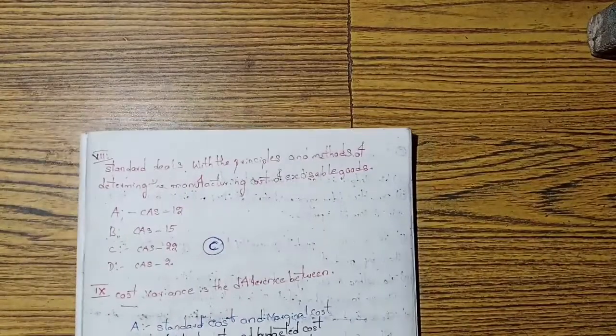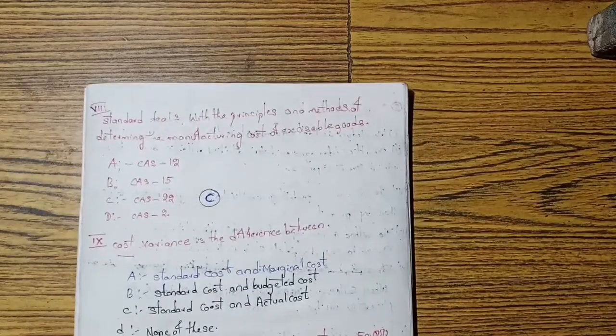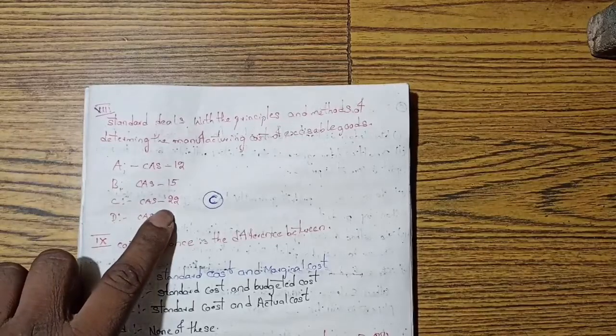So next, eighth one: standard deals with the principles and methods of determining the manufacturing cost of excisable goods. That is cost accounting standard no. 2.